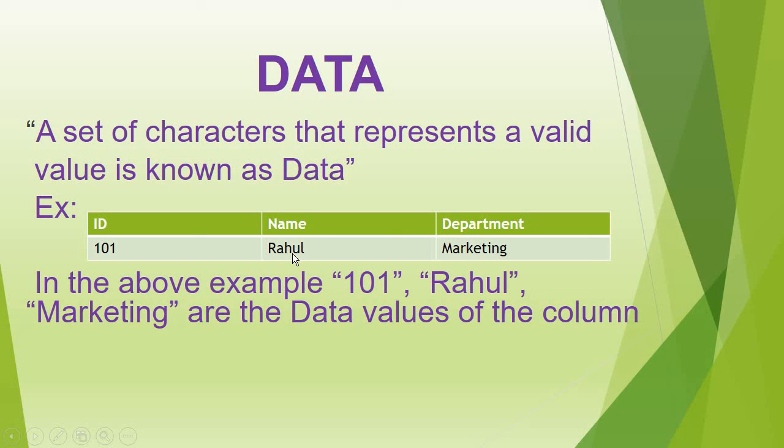If you enter like this, that is a value. What does it mean? It is data, and this is also data. Which type of data is it? Numeric data. And this is what? Textual data. So a set of characters that represents a valid value is known as data.